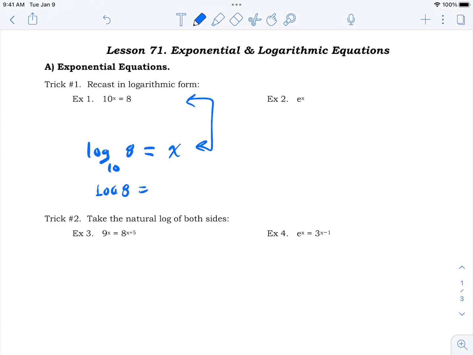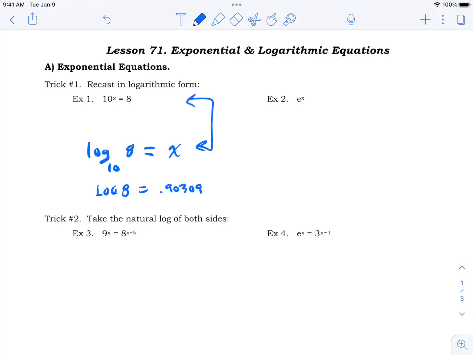You can take the LOG, capital letters, of 8. I hit the capital LOG button, and I hit the 8, and I'm getting something like 0.90309, which is approximately right.